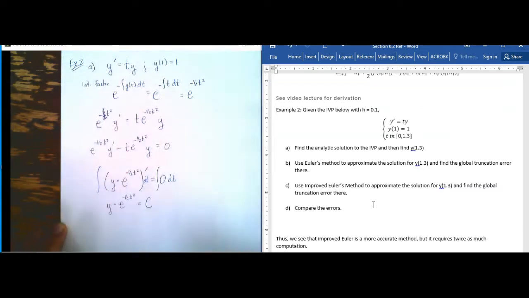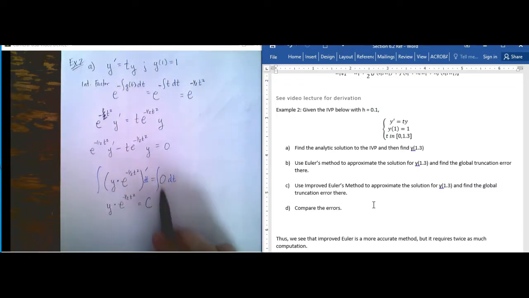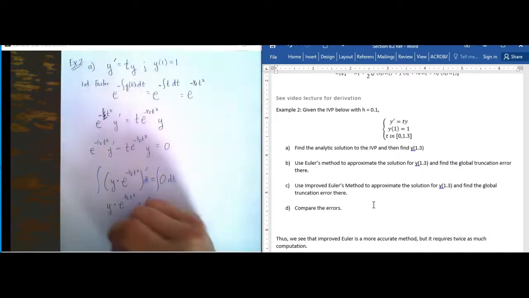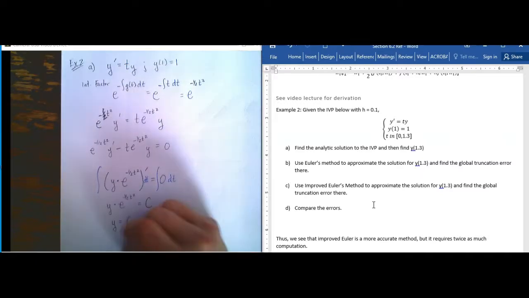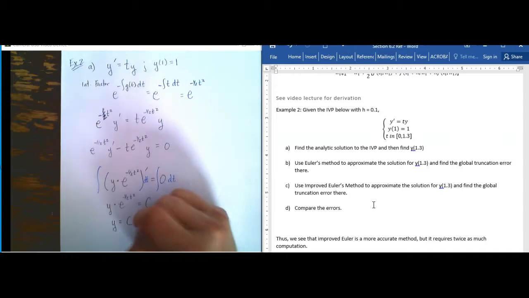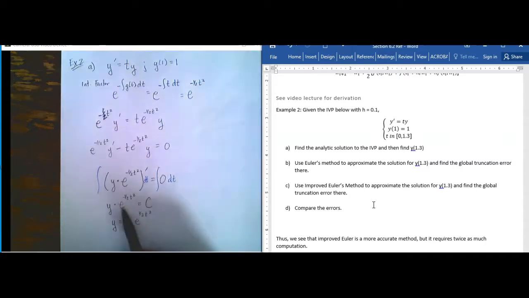So it's just a constant, because the derivative of a constant is 0. And then we divide both sides by e to the negative 1/2 t squared. So y is equal to c times e to the positive 1/2 t squared. Again, dividing by e to the negative 1/2 t squared is the same as multiplying by e to the positive 1/2 t squared.